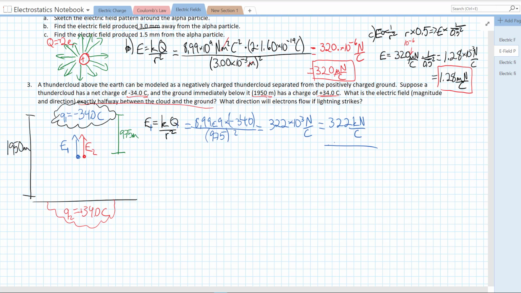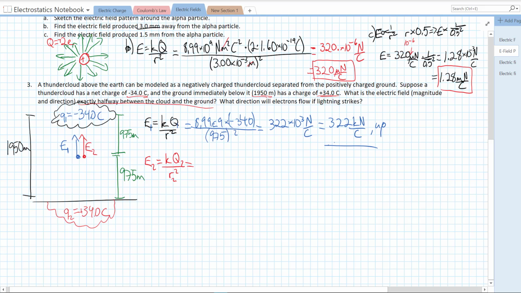Now we can solve for the second E using the same process. Actually, let's add the direction. E2, same formula, KQ2 over R2 squared. But here's what we know. The magnitude of charge 2 is the same as the magnitude of charge 1, and the distance from charge 2 to this point is the same as the distance of charge 1 to this point.